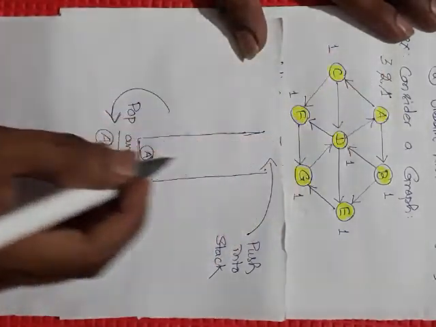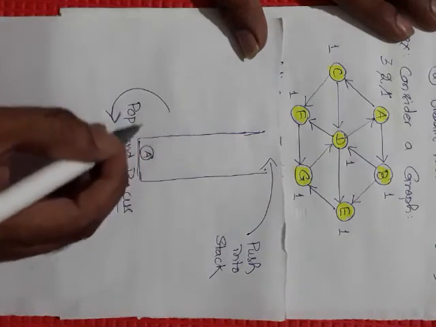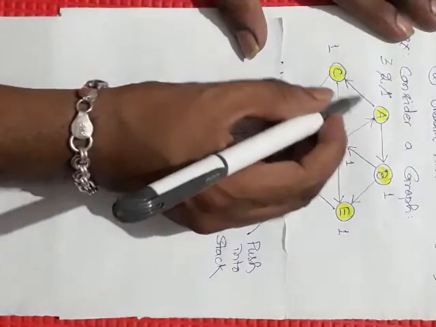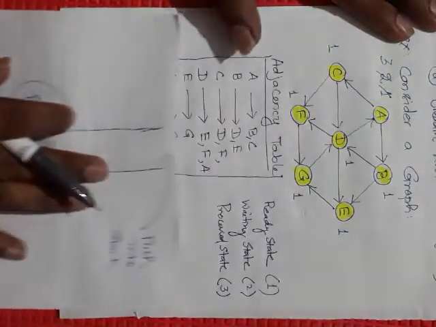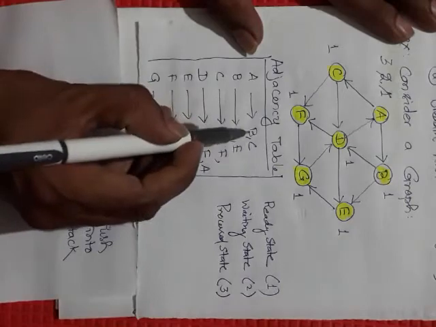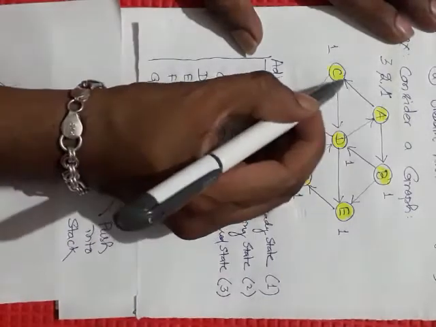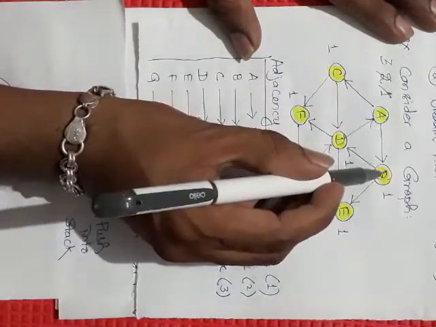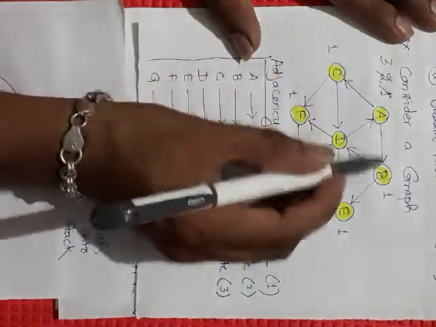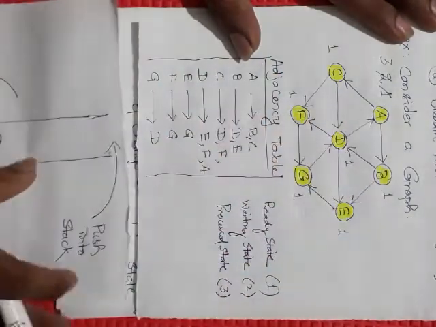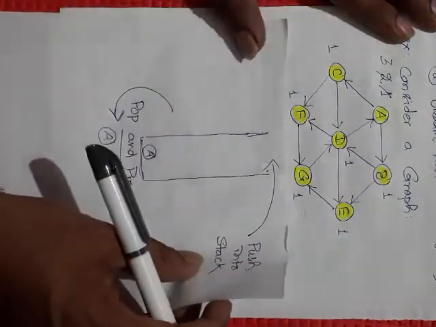Then for each adjacent node of A, what are the adjacents of A? You can refer to the adjacency table: A's adjacents are B and C, or with the help of outgoing edges you can also observe A to C, A to B. Both are adjacents. All the adjacents of A which are in ready state, whose state is 1.